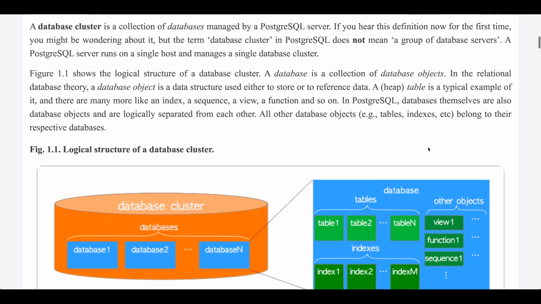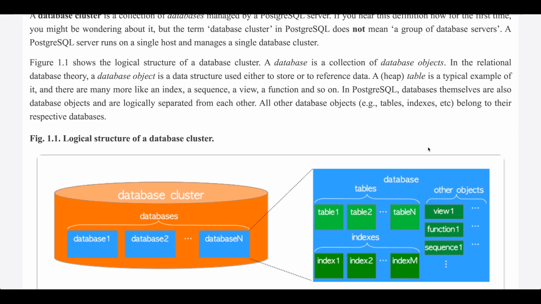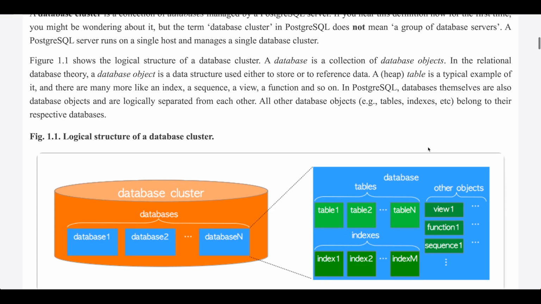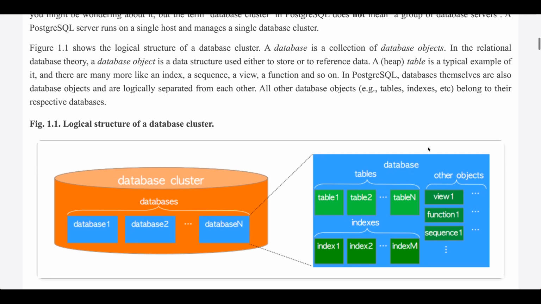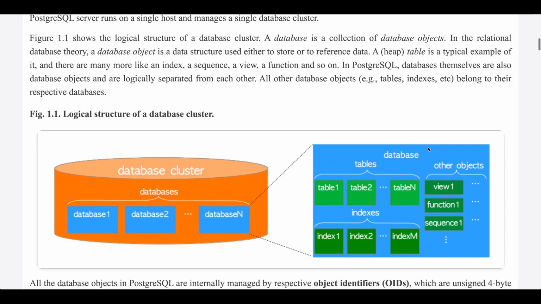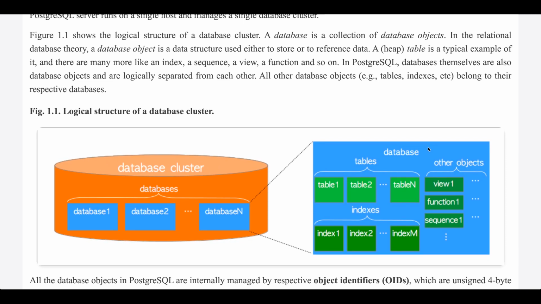A database is a collection of database objects. In the relational database theory, a database object is a data structure used either to store or to reference data.